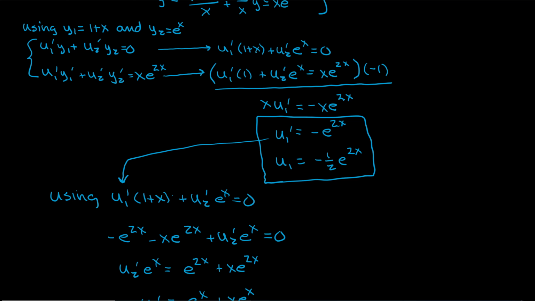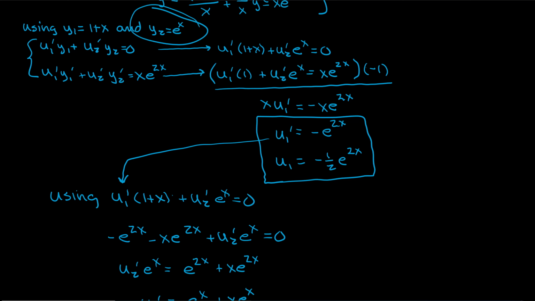Our second equation is going to be u1 prime times y1 prime. Now remember, y1 is this 1 plus x all the way up here in the left-hand corner. This time we want its derivative. Well, the derivative is just 1, and you see it there. For the second term, we want u2 prime times y2 prime.